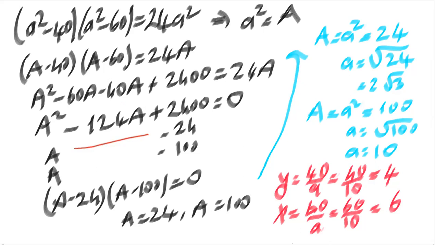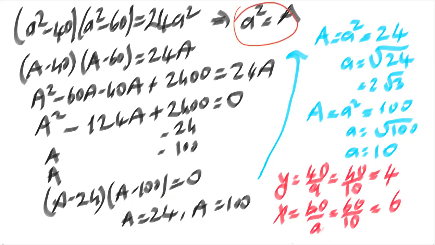So if we have correct numbers here, after we multiply and add them, we need to get this. And also when you multiply these two, you should get this one. So now we factorize it. (A minus 24) times (A minus 100) equals 0. And if we solve for this one, A equals 24. If we solve for this one, A equals 100.